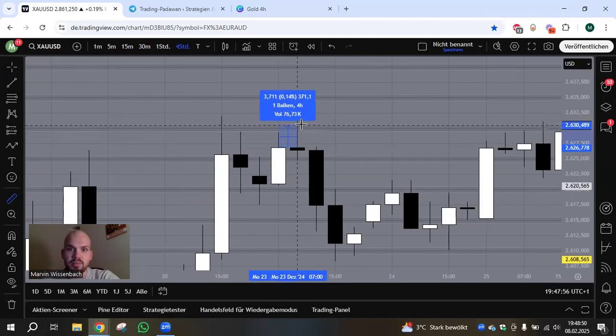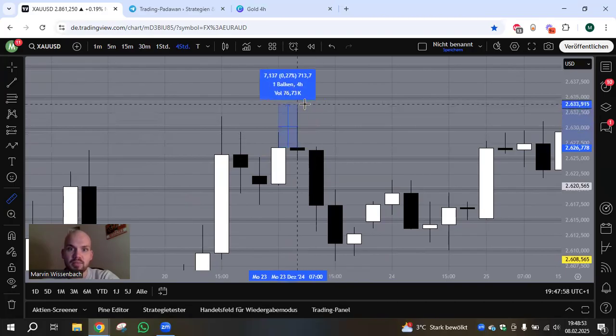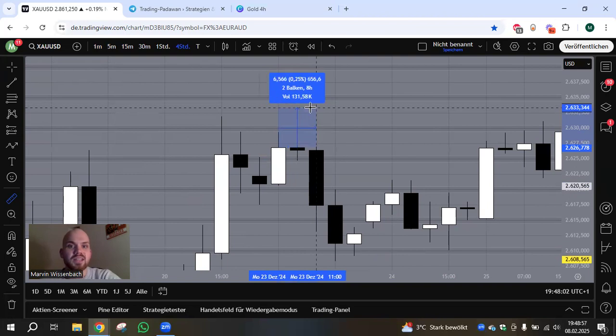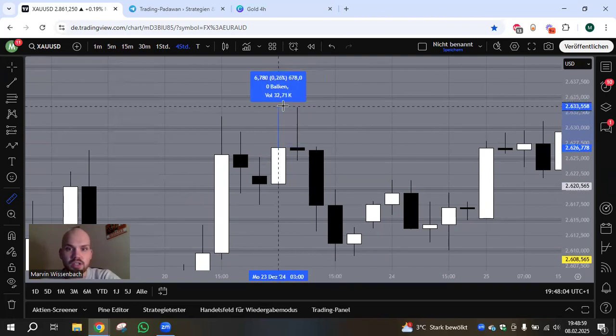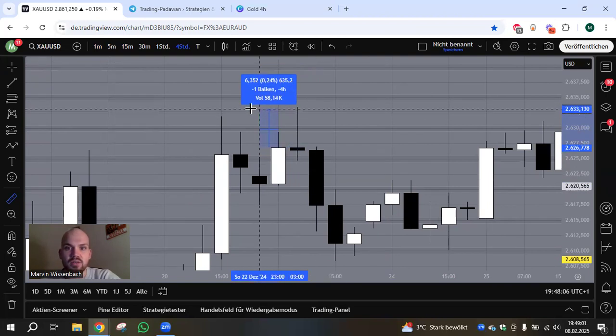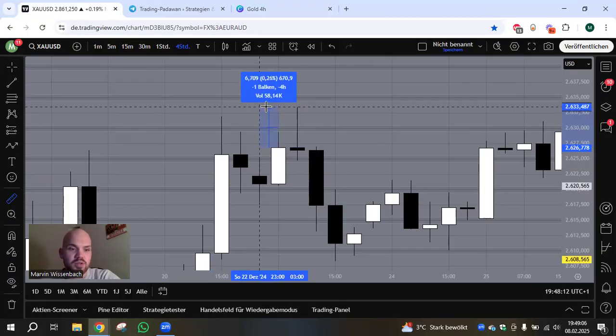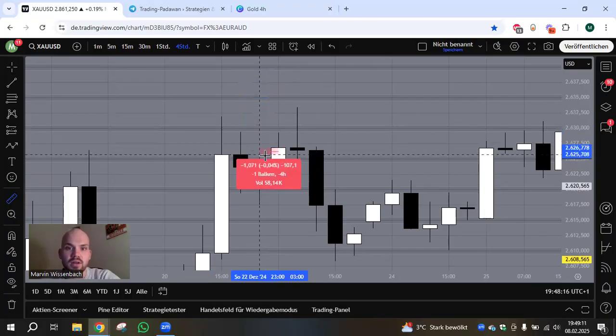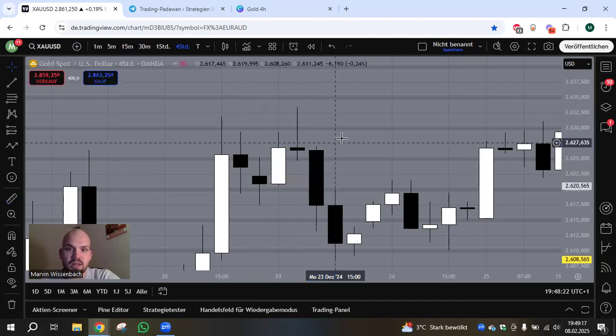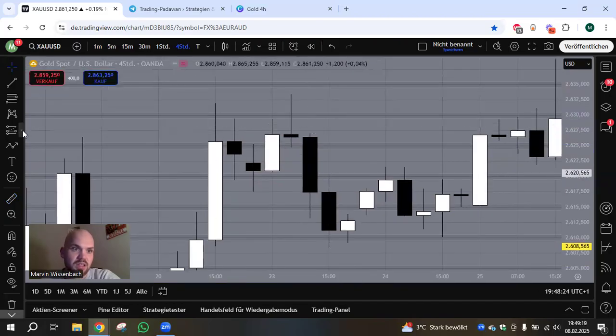It moved up, up, up, up for, let's say, 3.5 hours. And then the selling pressure was so large that it still moved down. I'm just going to move over here, but I'm still at this candle right here. The selling pressure was so high that the candle moved down, down, down, down, came back up a bit, but still closed bearish. And so again, we sell immediately.